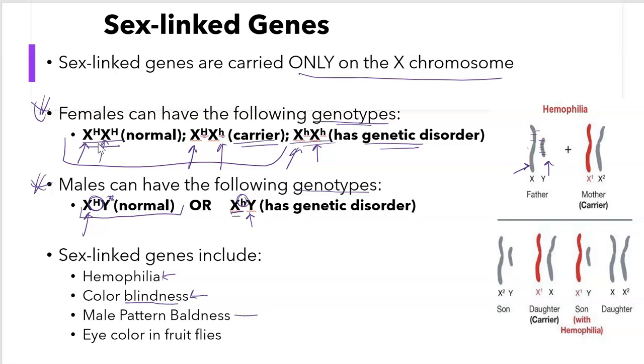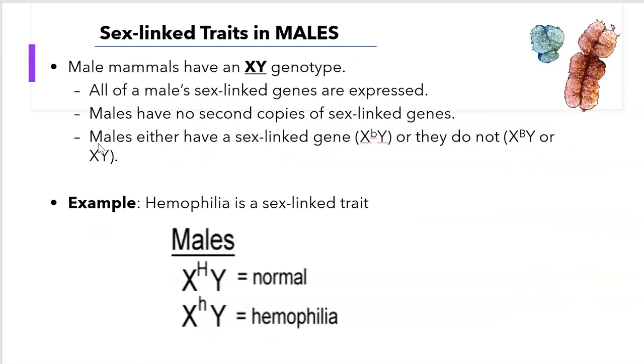Male pattern baldness, so balding early, usually comes from your mothers. And then eye color in fruit flies. We talked about eye color in fruit flies. That is linked on the X chromosome, interestingly enough, not in humans.